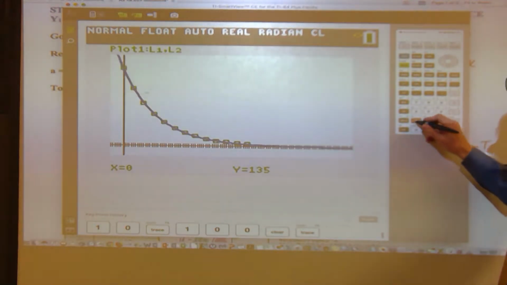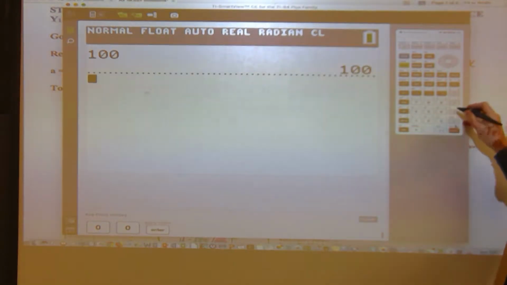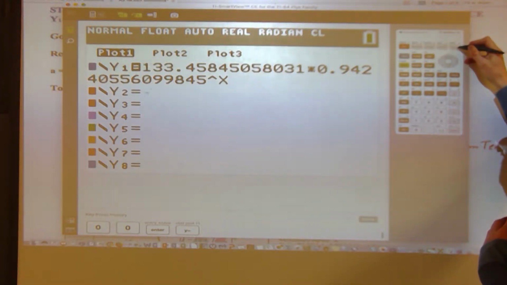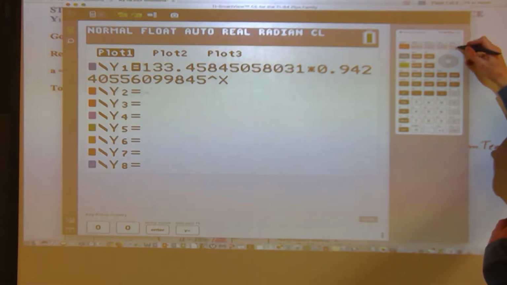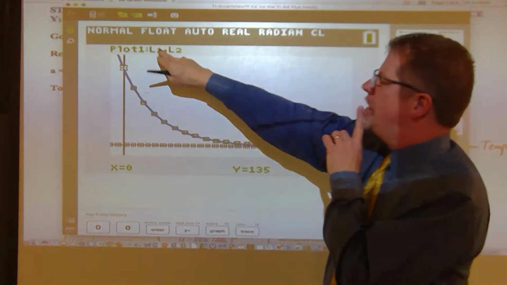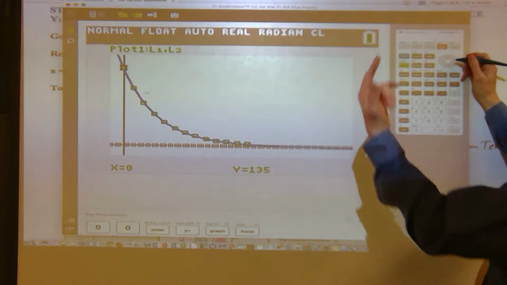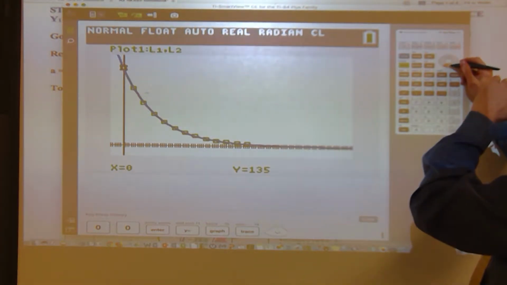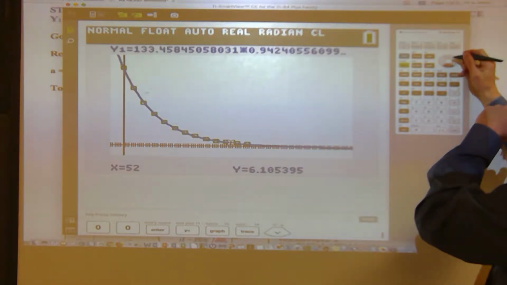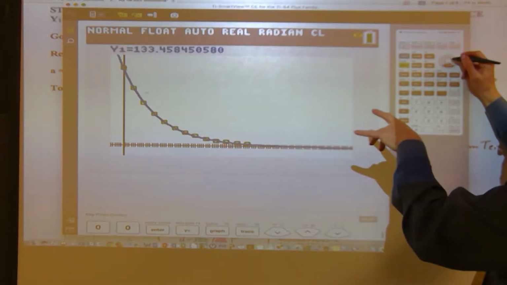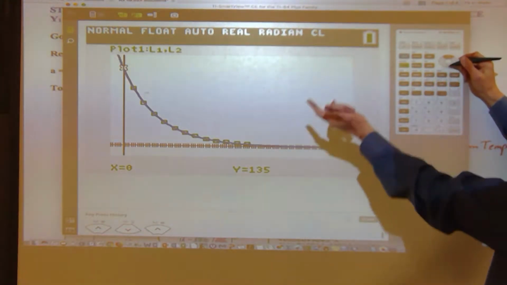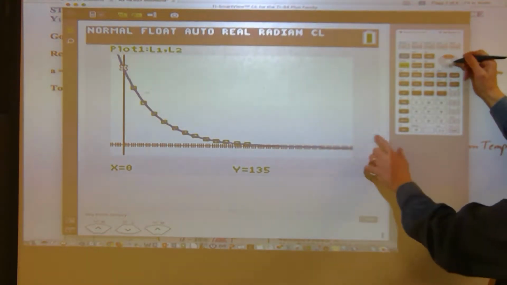Trace 100, and actually there's something that, graph trace. Notice it's on the plot right now, and now it's on the curve. So you have to switch back and forth between the plot and the curve. I want to trace not the plot. There is no golf ball 100 on the plot.